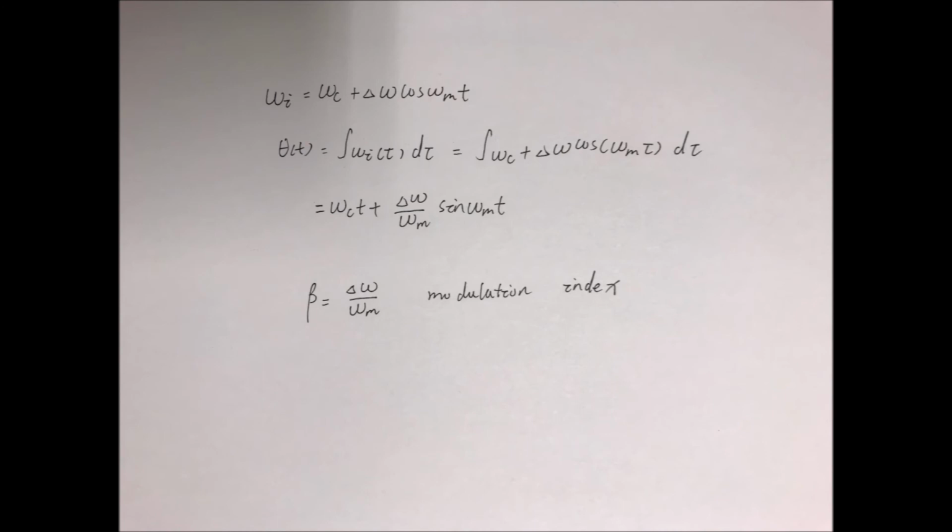How far it can go from omega c depends on A and Kf. So delta omega is how far you can go from it. This is the maximum value you can deviate from the baseline, so we call it the peak frequency deviation. Later we will talk about that in more detail. We're also going to use it in later calculations. Any questions so far?